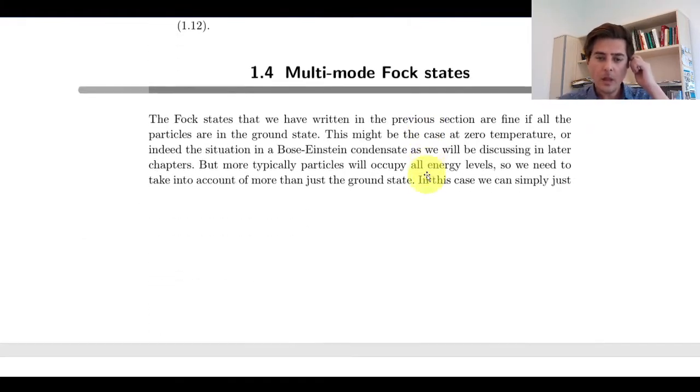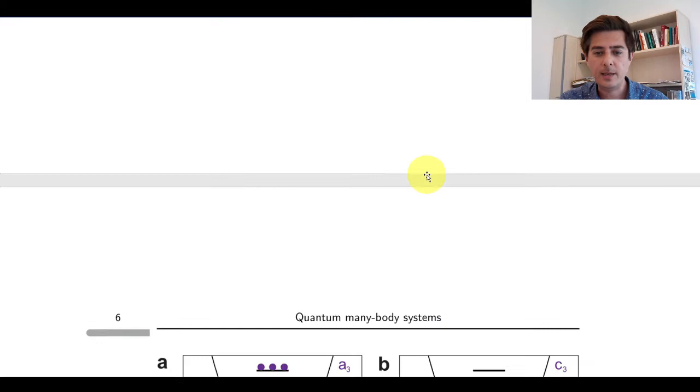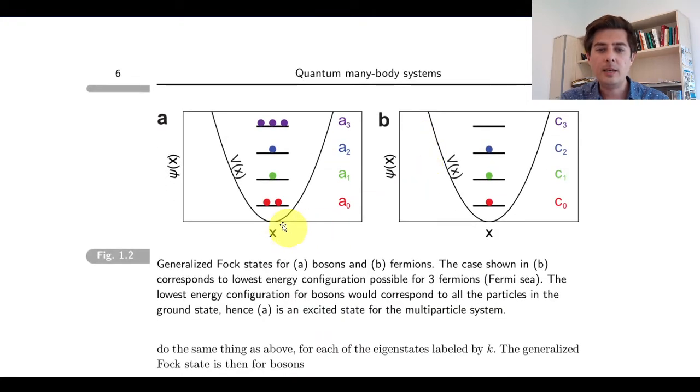So what we're going to do now is to generalize this to the multimode case. In this case, we're not just going to look at the lowest energy state, which was the example that we looked at in the last section. We're going to look at basically all the different spatial states, because for a particular atom, there's no reason why it has to occupy only this ground state.